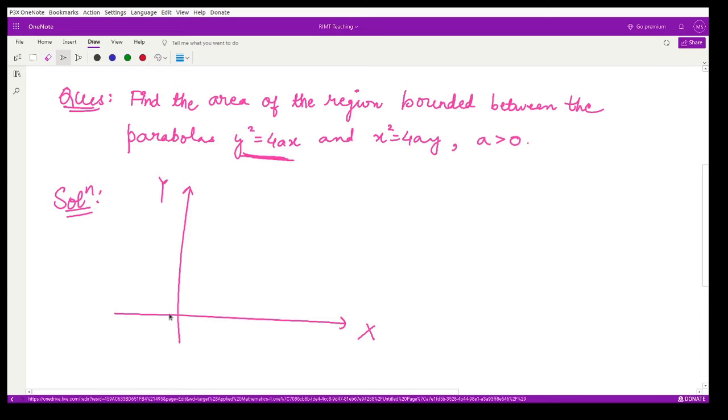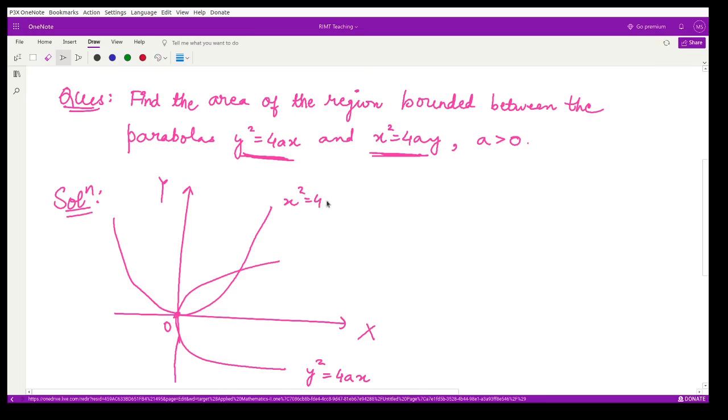This is the right hand side parabola. Let's label this y square is equal to 4ax, and this point is the origin. The other parabola is the upward parabola, so it would be something like this, passing through the origin. This is x square is equal to 4ay.